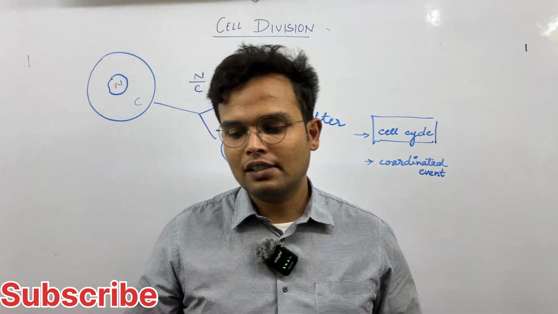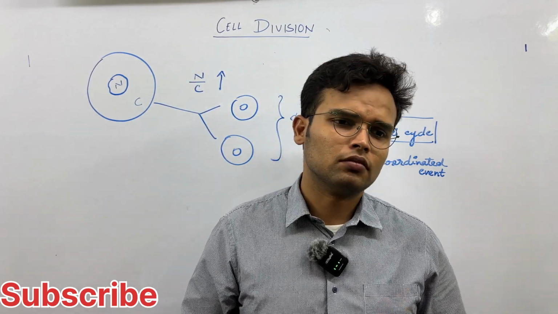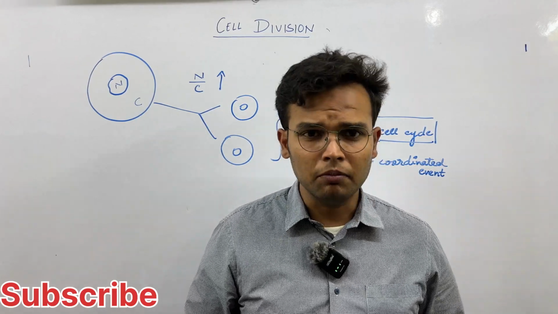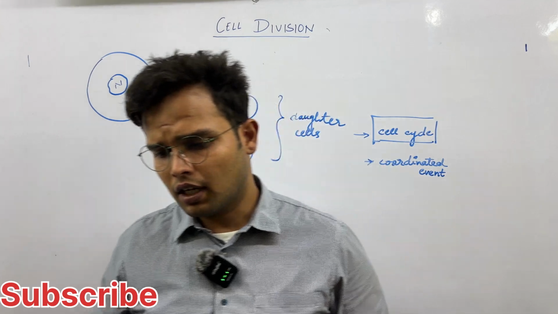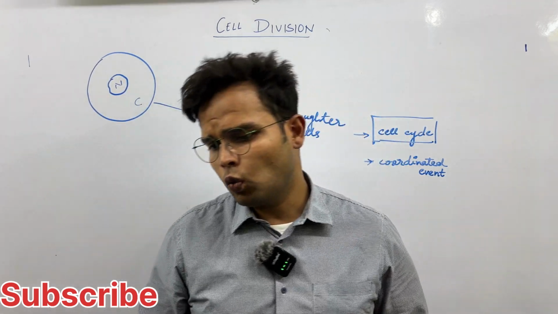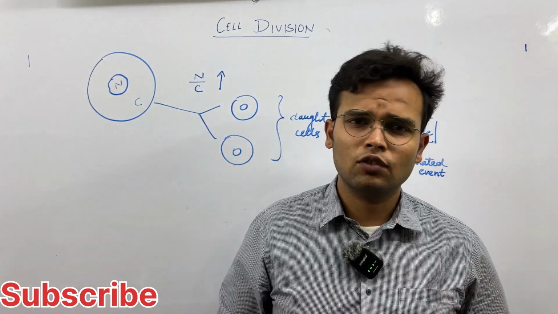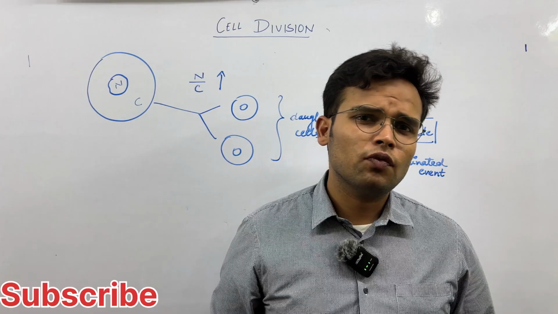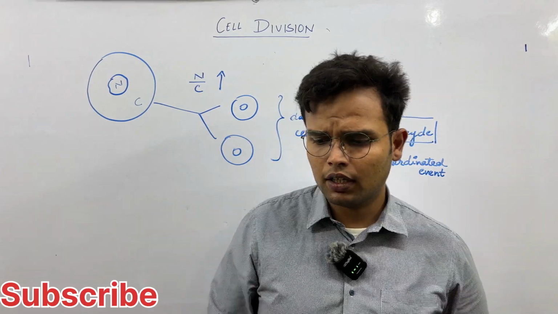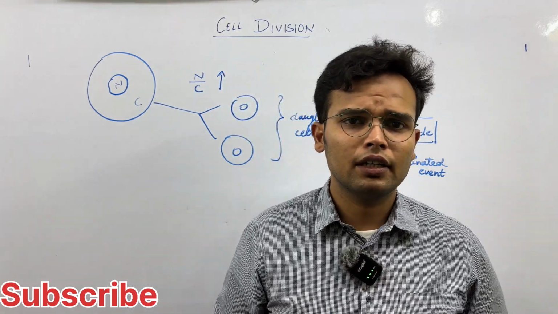For the cell cycle we have some specific points which are mainly given in your NCERT textbook. I am going to quote them. The very first common thing is that cell growth is a continuous feature, so it doesn't matter what phase we are talking about. The cell cycle is governed by specific proteins, that we call cyclin proteins, and specific enzymes, that we call CDKs, cyclin dependent kinases.